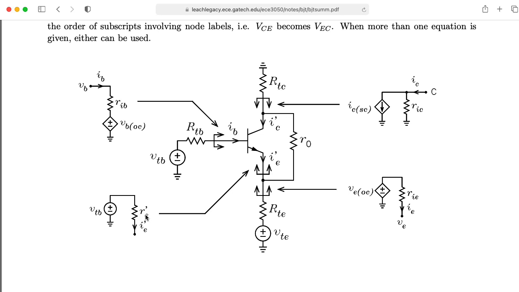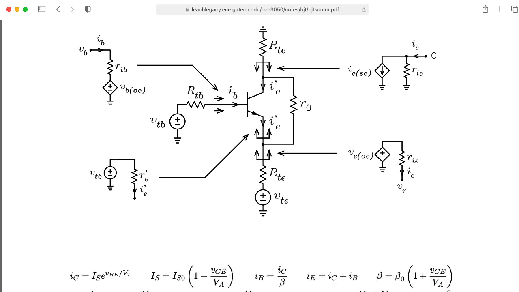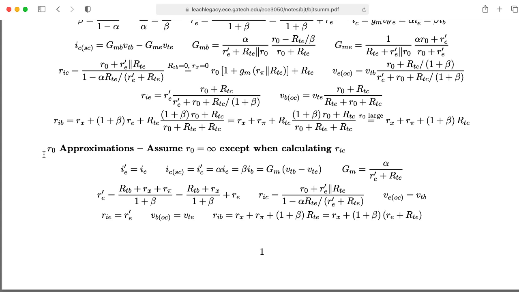One of them with this RE prime looks up into the part of the small signal model that doesn't have R0. The part here with this RIE includes the R0. Now, in this particular lecture, we've used the R0 approximation, so these two models are actually the same. And if we scroll all the way down to the bottom here in the R0 approximation portion of the formulas, we see this RIE equal RIE prime.